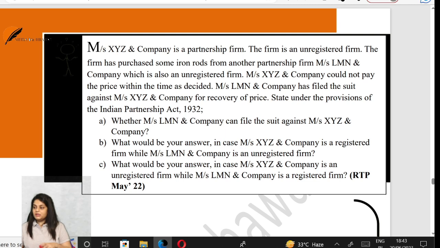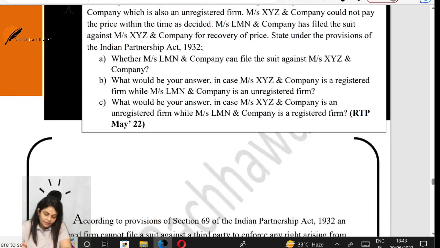Messrs. XYZ and Company is a partnership firm. The firm is an unregistered firm. The firm had purchased some iron rods from another partnership firm, Messrs. LMN and Company, which is also unregistered.